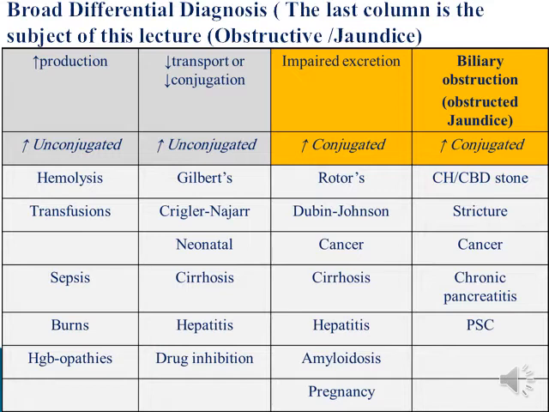I focus only on the last column of obstructive jaundice, in which conjugated bilirubin increases, and the main underlying cause is a stone in the common hepatic or common bile duct, or stricture in the common hepatic or common bile duct, or cancer around the common bile duct or in the common bile duct, or chronic pancreatitis or primary sclerosing cholangitis. You can also have a look at the other causes of jaundice unrelated to obstructive jaundice if you want.